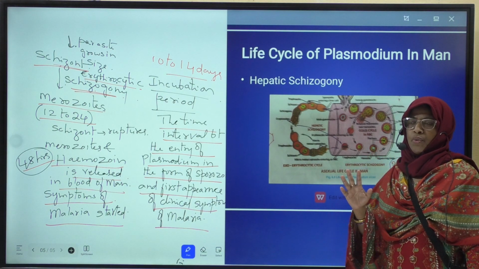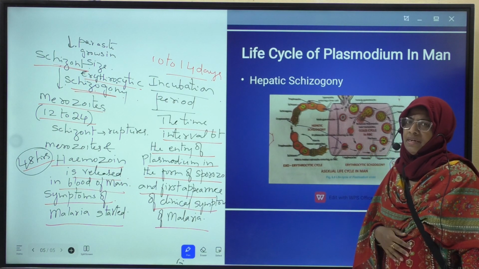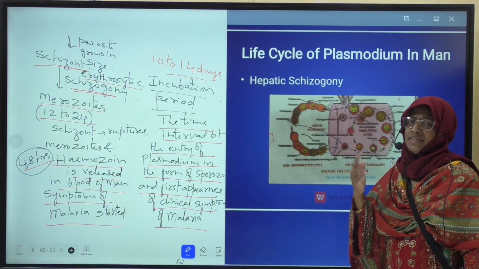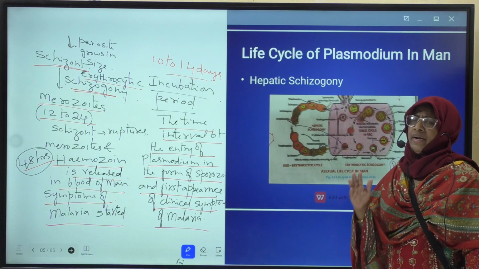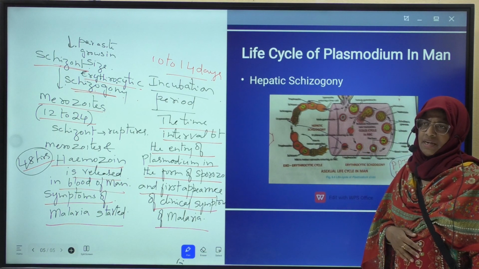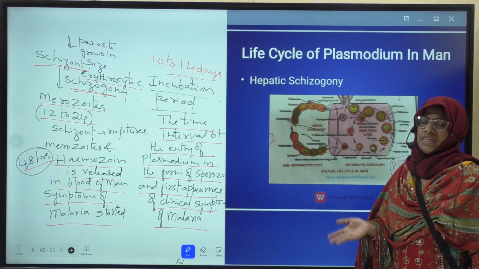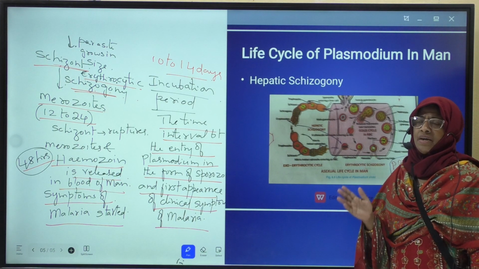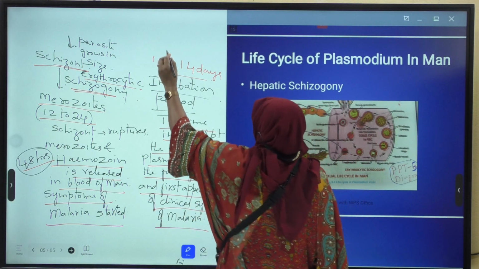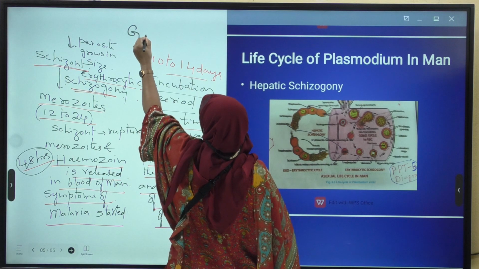attack new or fresh RBC and continue or repeat their erythrocytic cycles. After repeated erythrocytic cycles, some of the merozoites are transformed into sexually differentiated bodies called gametocytes.